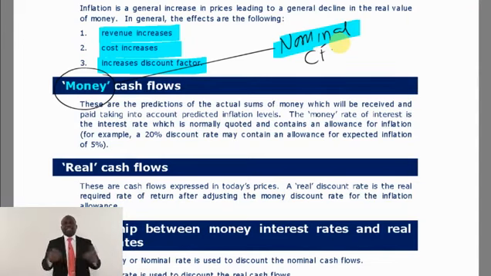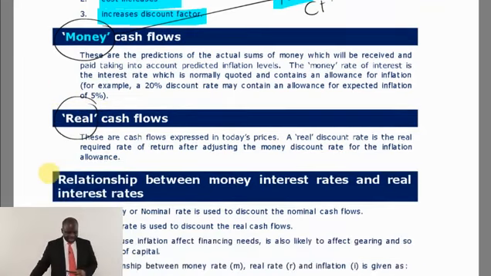So when I say this cash flow is nominal, it means that cash flow is after inflation. Same way, when I say cash flow or something is in real terms, it means it is before adjustment of inflation. You haven't actually inflated that.